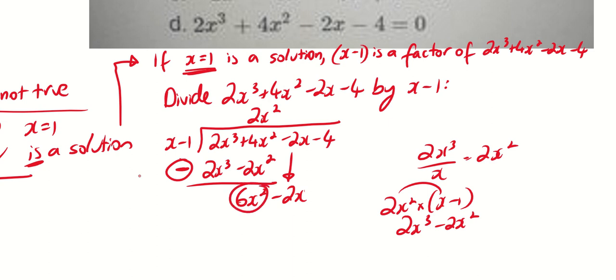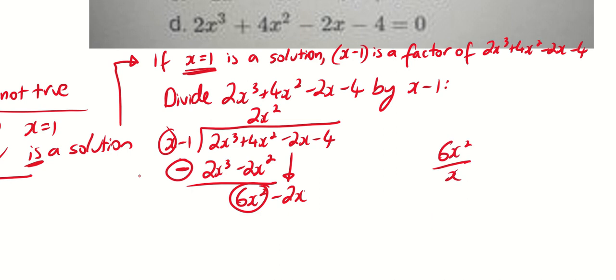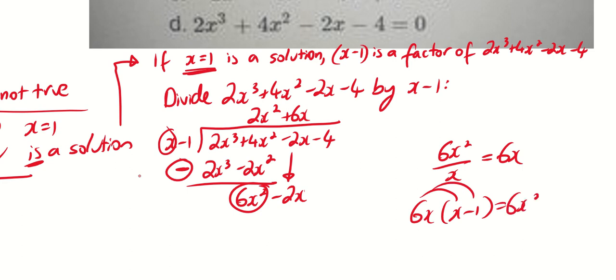So 6x squared divided by x gives me 6x, so I put plus 6x up here, and then I'm multiplying 6x by x minus 1, getting 6x squared minus 6x. So that's what's going to go here.